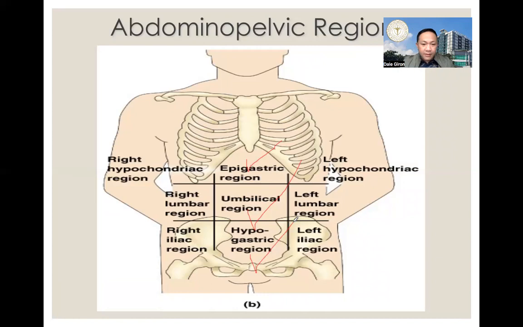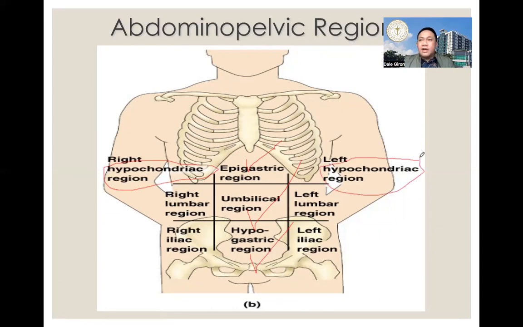Now, from the epigastric to umbilical to hypogastric, you just go to the right side or the left side. The one at the side of the epigastric is what we call your hypochondriac region.